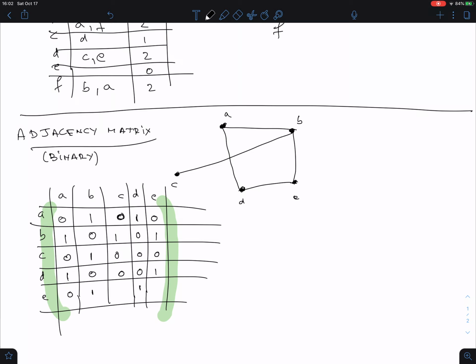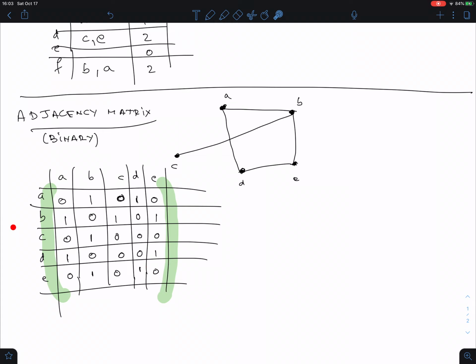Another thing to observe is that there's a symmetry here, and the symmetry is along this axis. If you flip this matrix this way, you get exactly the same matrix. And that is no surprise, right? Because if you have a 1 here that says that there's an edge between C and B, there should also be a 1 here, because that's the same edge.